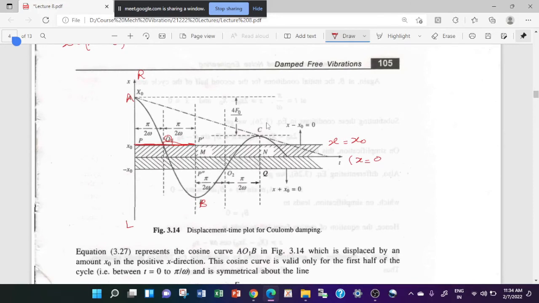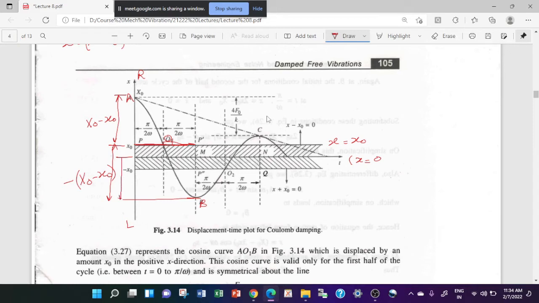So you can say here again this much point with respect to this. Okay, this is your capital X naught minus small x naught. This is again equal to X naught minus small x naught, but negative in nature. So here, if I again write this one, what is the value of this one?